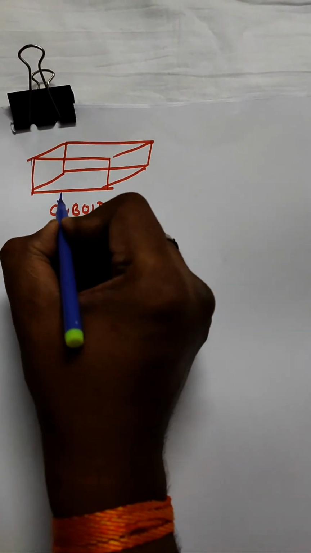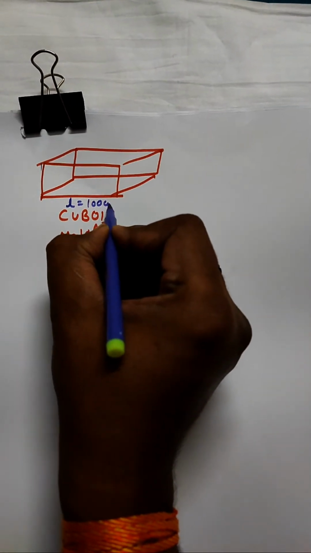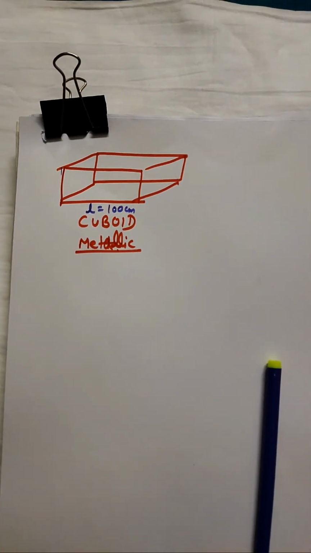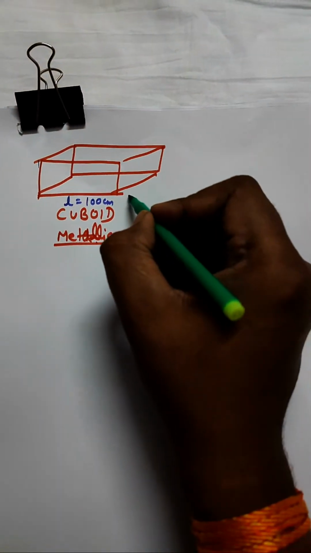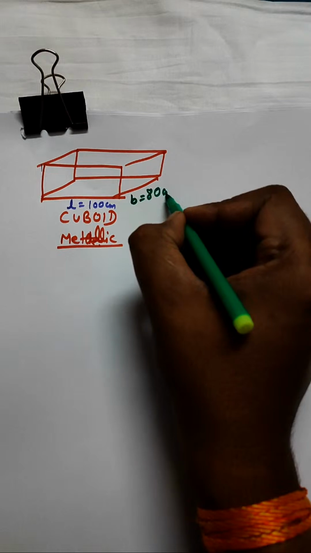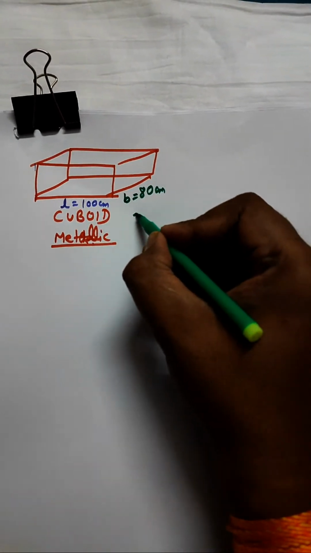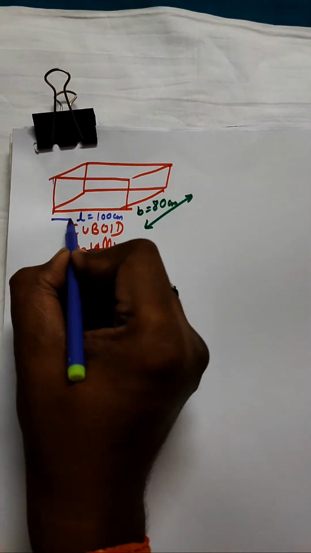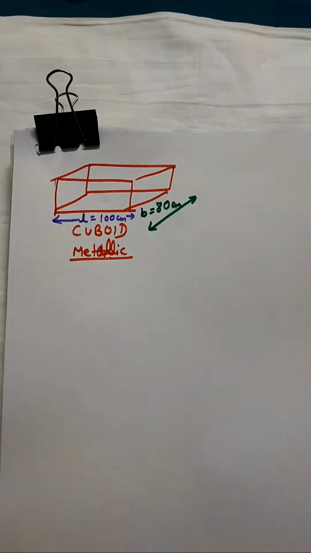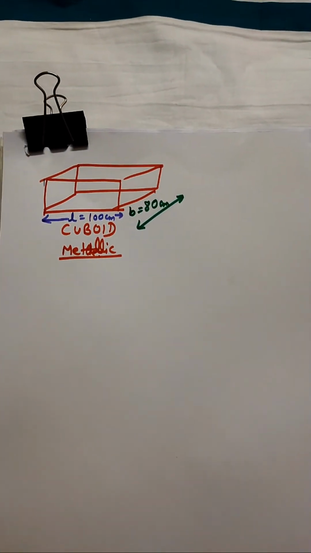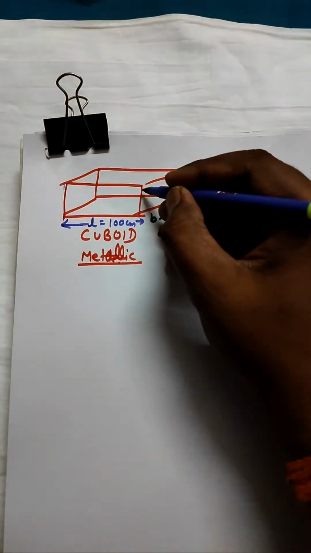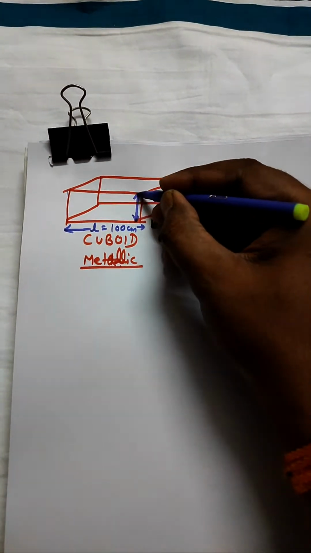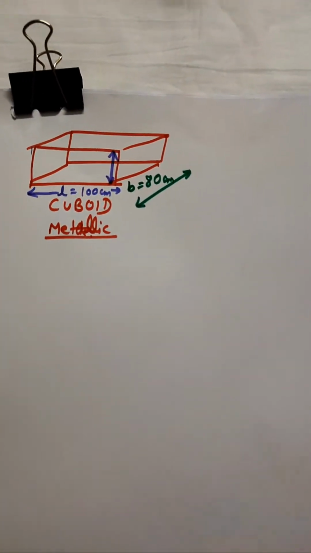L equal to 100 centimeter, right, and 80 is its breadth, this one, right, and this was the length, and the height is this one, and the height of that cuboid is given as 64 centimeter.